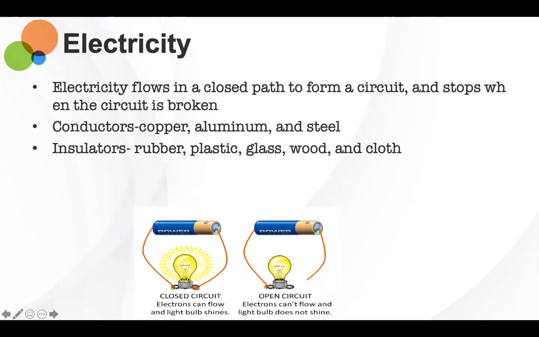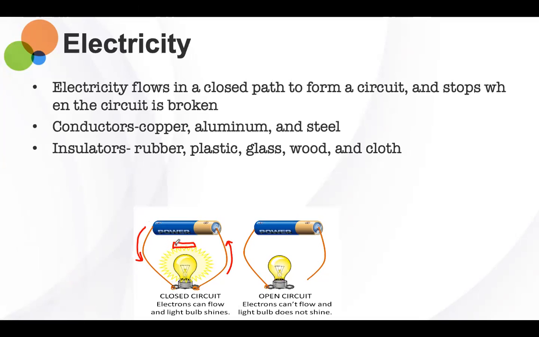So electricity flows in a closed path, as we saw when we moved from this side of the battery, going down this side and going back around, right? Going through the resistor. Remember, this was the resistor here. This red thing.